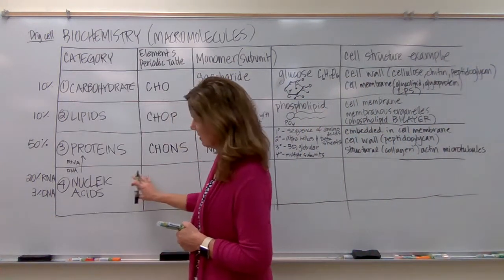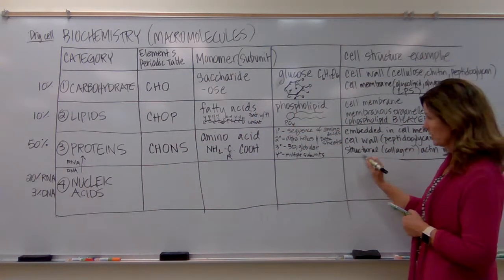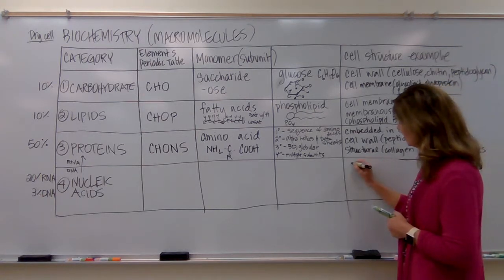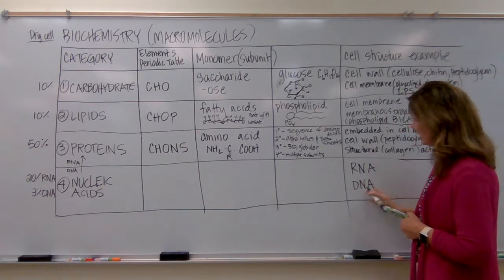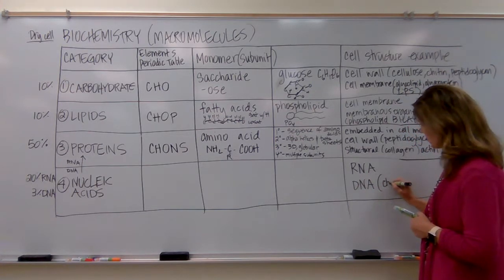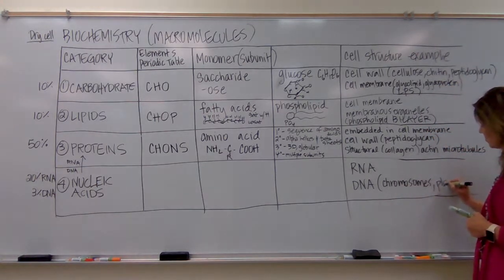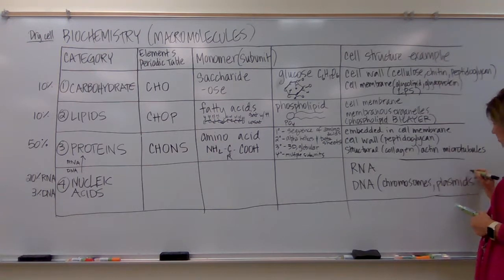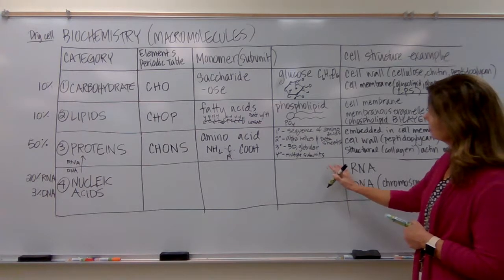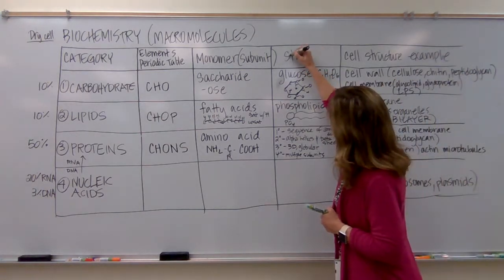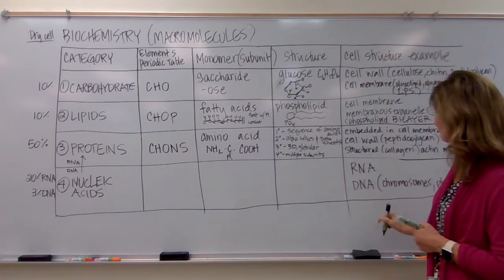Nucleic acids. An example of those in the cell I already wrote up there, so let's just transpose that up here as well. RNA, DNA, and when I say DNA, we're thinking chromosomes. And another structure we'll learn about in bacteria will be plasmids. All right, thinking of the structure, since that's really what this is becoming in this column.